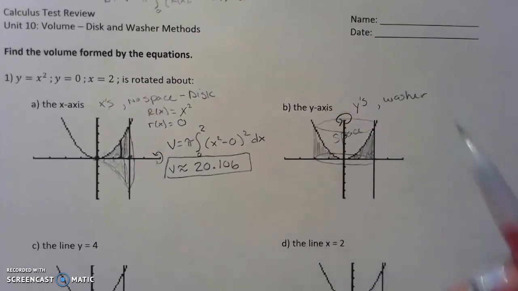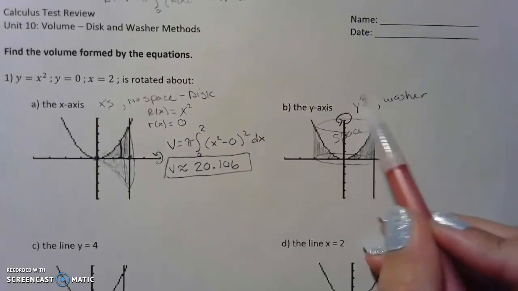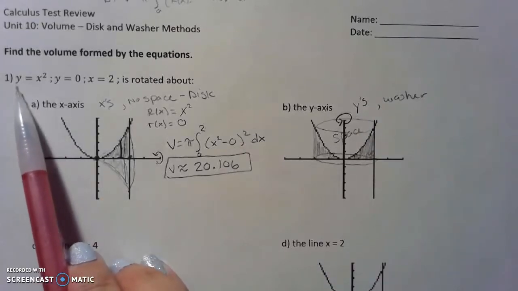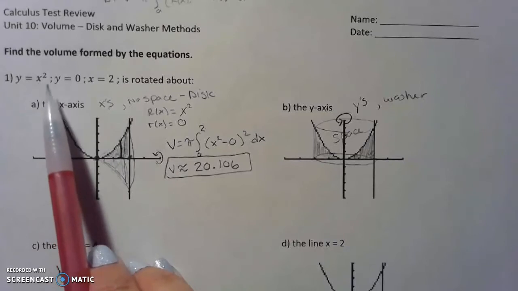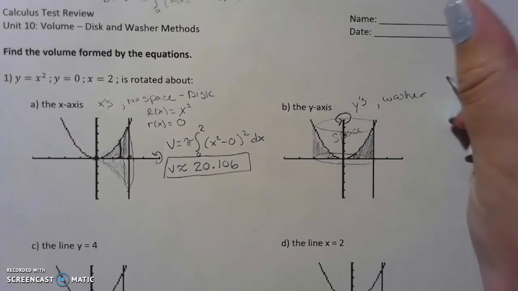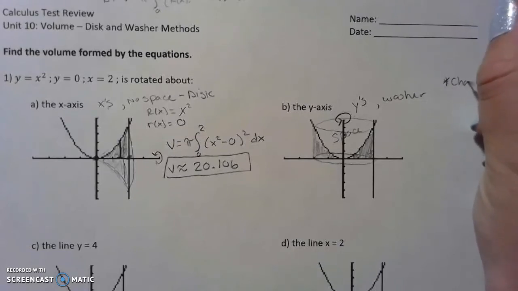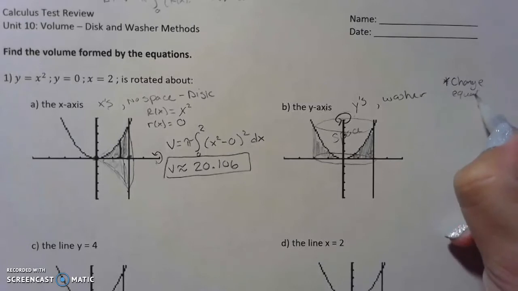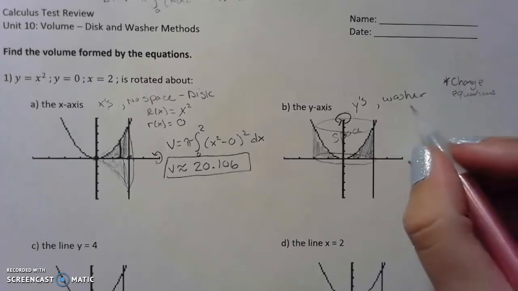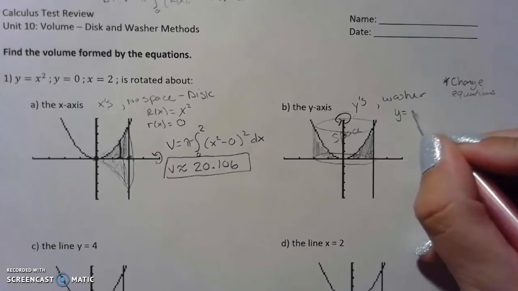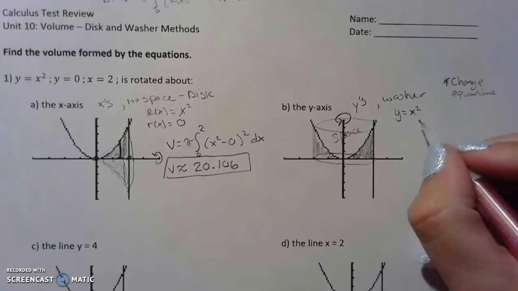When I say in terms of y, that means these equations need to be x equals, and this part needs to be y's. So we need to change our equations. That's the first thing I'm going to do. I'm going to take y equals x squared and solve it for x.